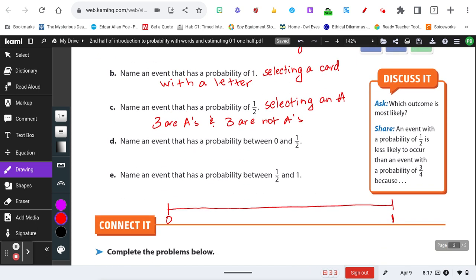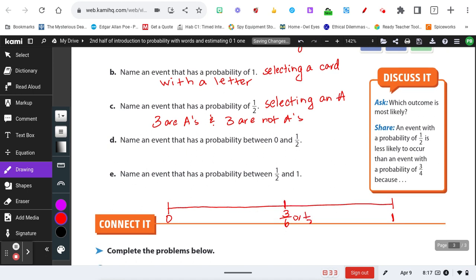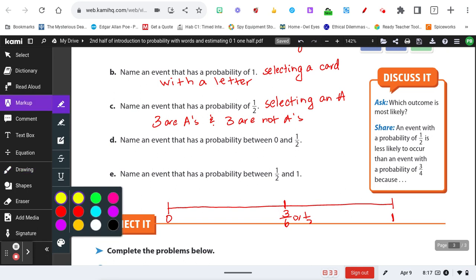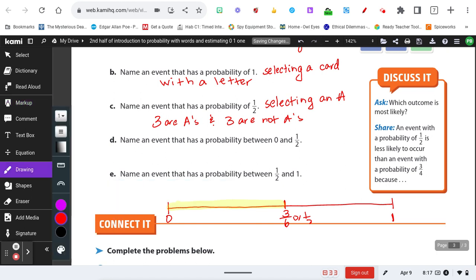So in the middle will be 3 out of the 6, or 1/2. So anything between 0 and 1/2 will have to fall in here.